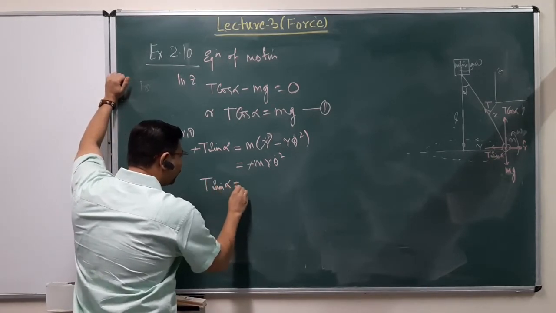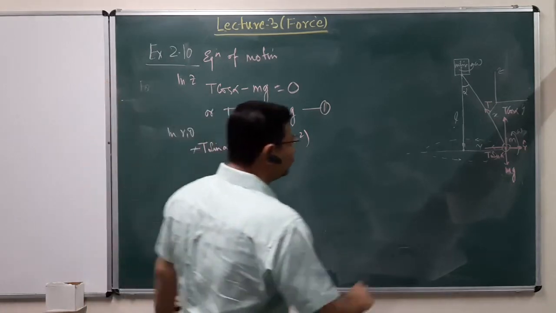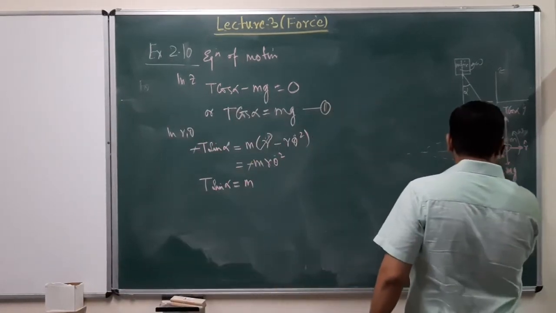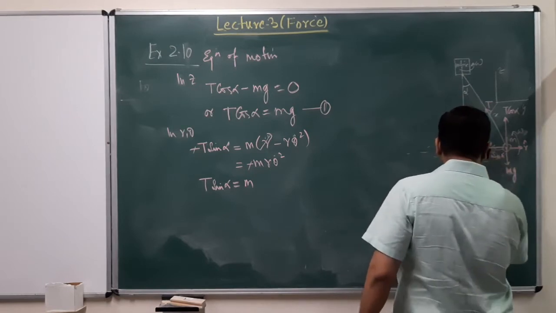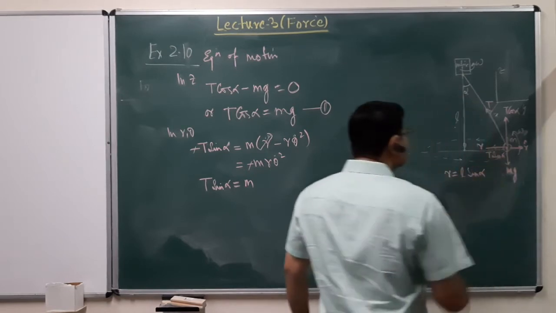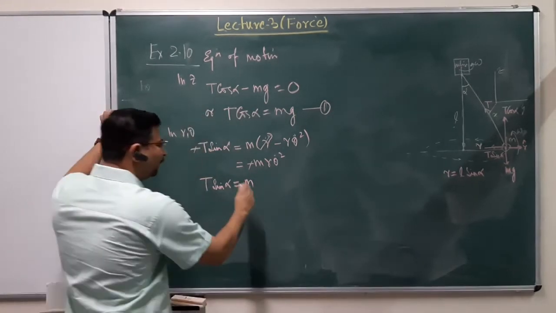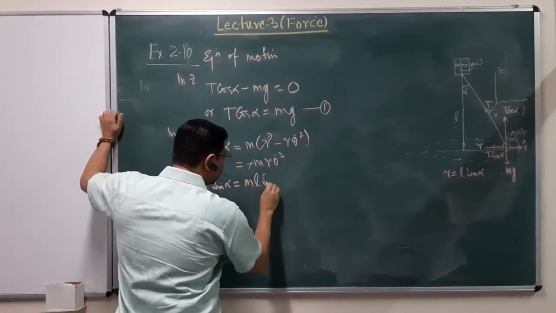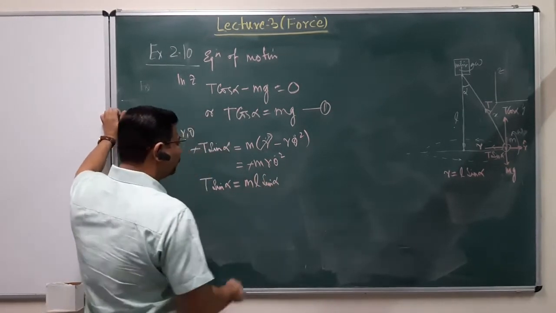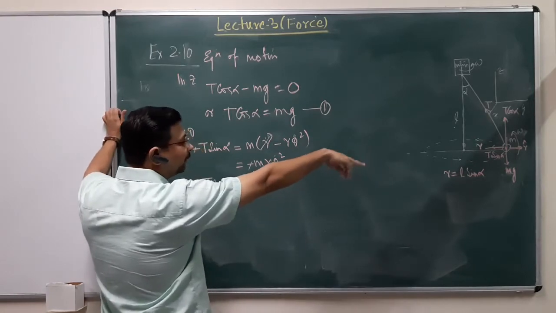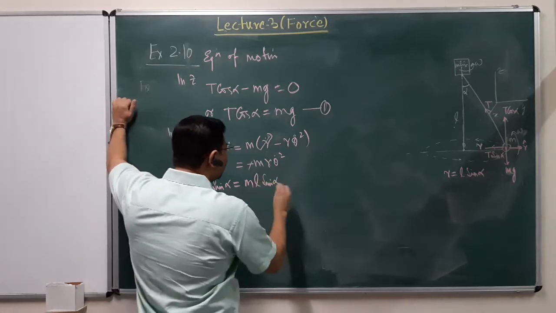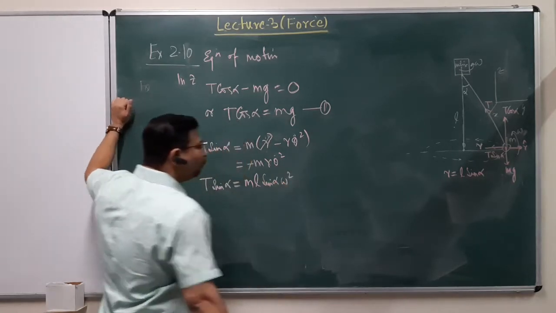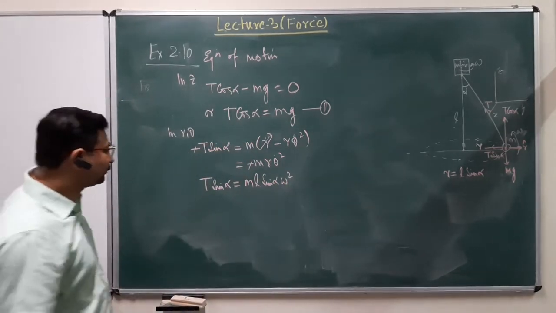So T sin alpha is m, and this r is related to the length of the pendulum as L sin alpha. So m L sin alpha. So we simply remove this parameter r and write down everything in terms of the angle alpha and theta dot, which is omega square. So then this is my equation of motion.